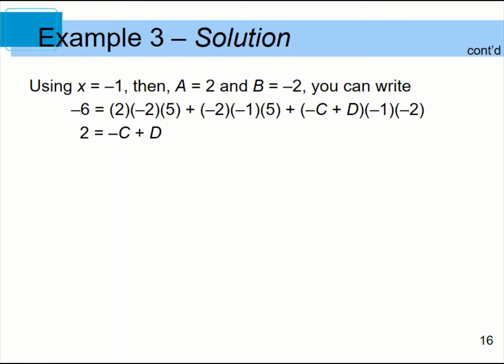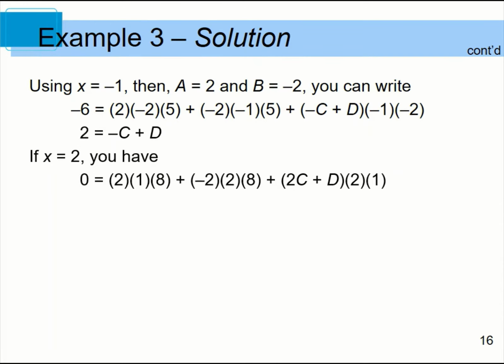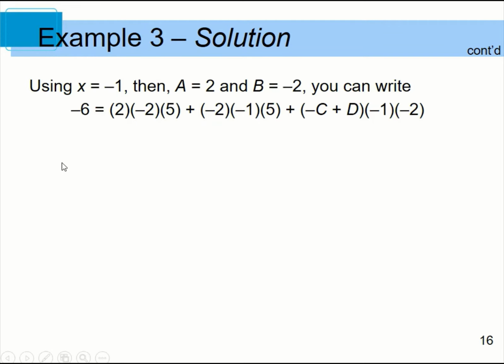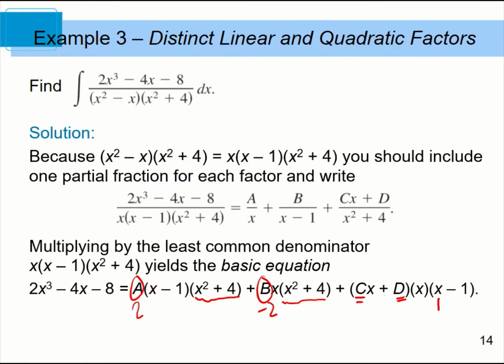Now after that, we choose another value of x. So let's choose x equals 2. And again we substitute into the equation here. Now the x is 2, so we have 2 times 2 to the power of 3 minus 4 times 2 minus 8 on the left.